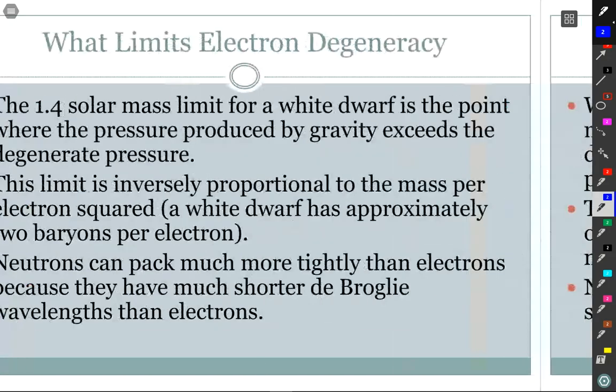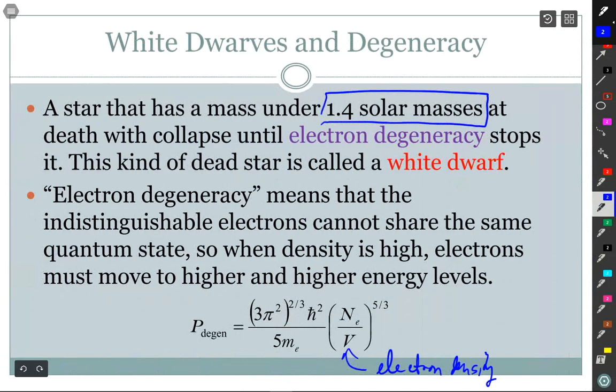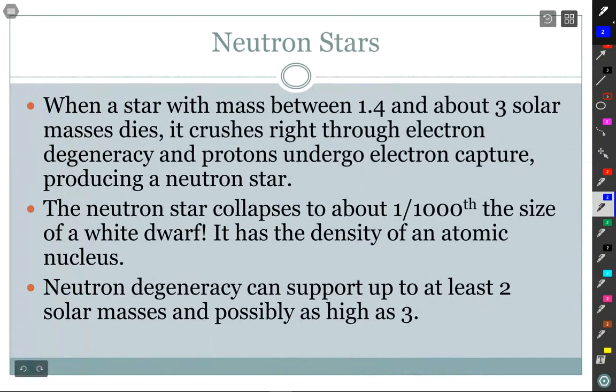So you have an equation just like this one here for the degenerate pressure, except it's going to be the mass of a neutron and the neutron density there. And so this can handle at least 2 solar masses, maybe up to 3 solar masses for the pressure that will be created. And when you get up above that mass, nobody knows what's going to happen.